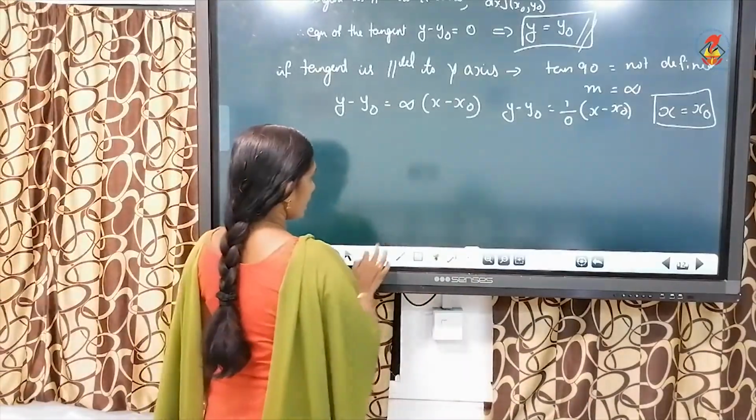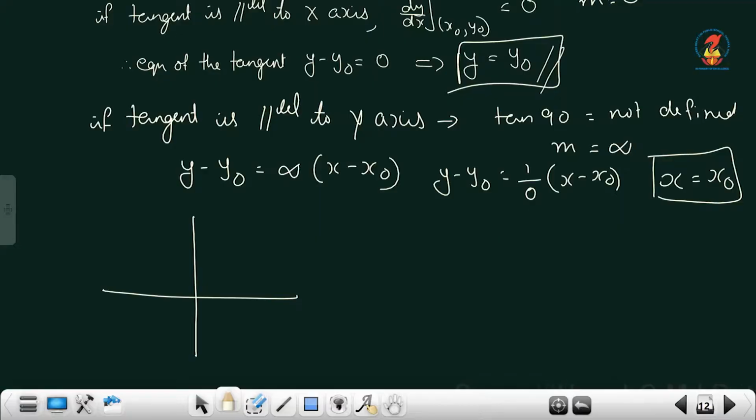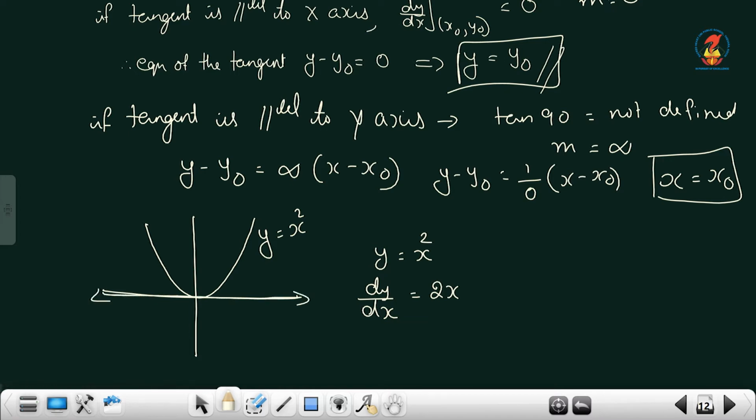So here, given the figure, this is the curve y is equal to x square. Then what is the derivative of y equal to x square with respect to x? dy by dx is equal to 2x. That is the derivative. Suppose this line, what is the slope of this line? This line is passing through 0, 0. It is actually the x-axis, it passes through 0, 0.